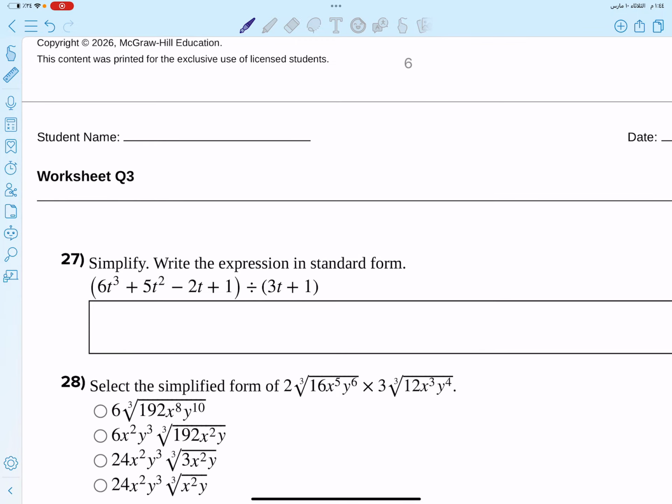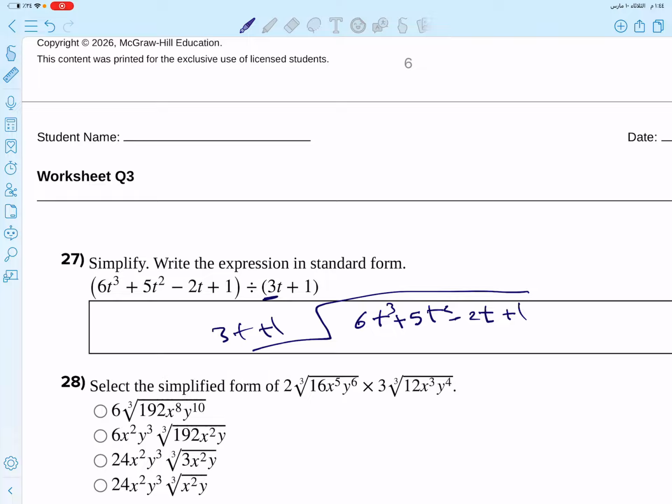Now how can I simplify that? I have division here. I can't use synthetic division because here I have a coefficient 3. So I just need to divide 6t to power 3 plus 5t to power 2 minus 2t plus 1 by 3t plus 1. I start from there. 6t to power 3 divided by 3t.